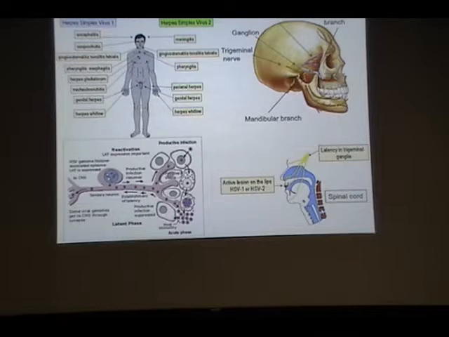Again, during primary infection, acute infection, the virus attacks the epithelial cells, where it will reproduce and generate a lot of new virus, and usually the virus will travel through the nerve to get to the central nervous system, where there is latency.